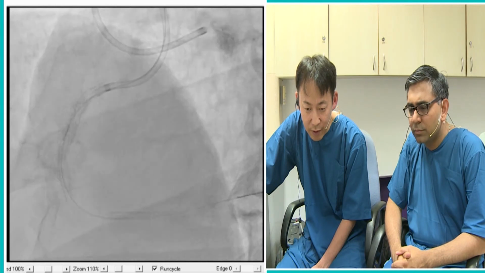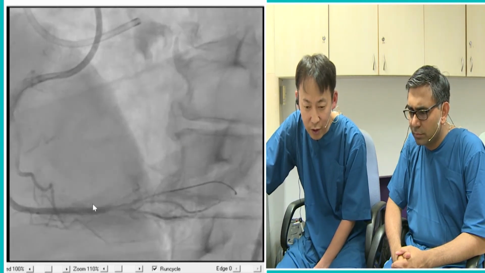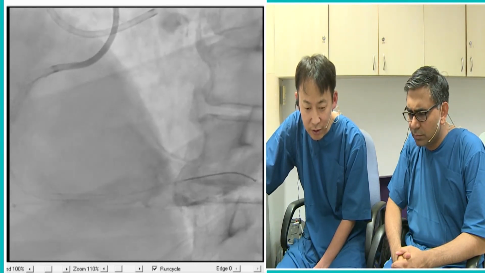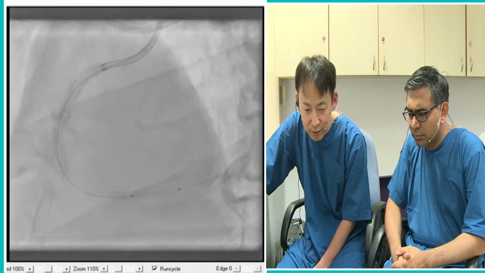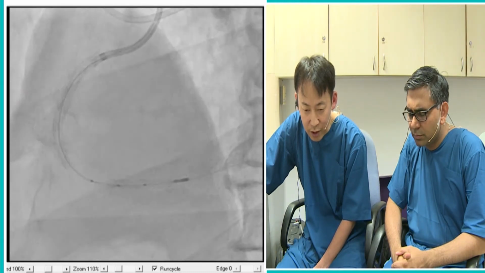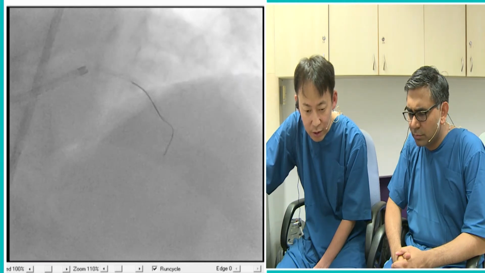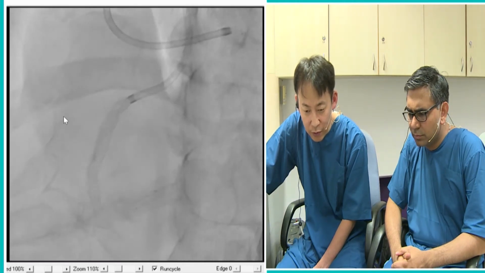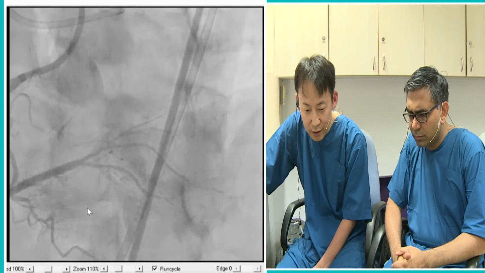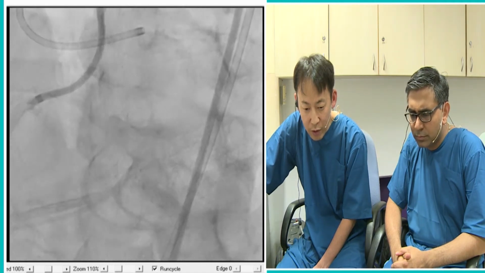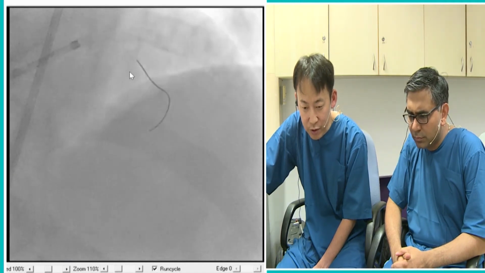Like this. Anyway, after recanalization, you can see very good flow. The post dilatation. This is the final shot for the right coronary. Also, our concern was the LAD ostium.